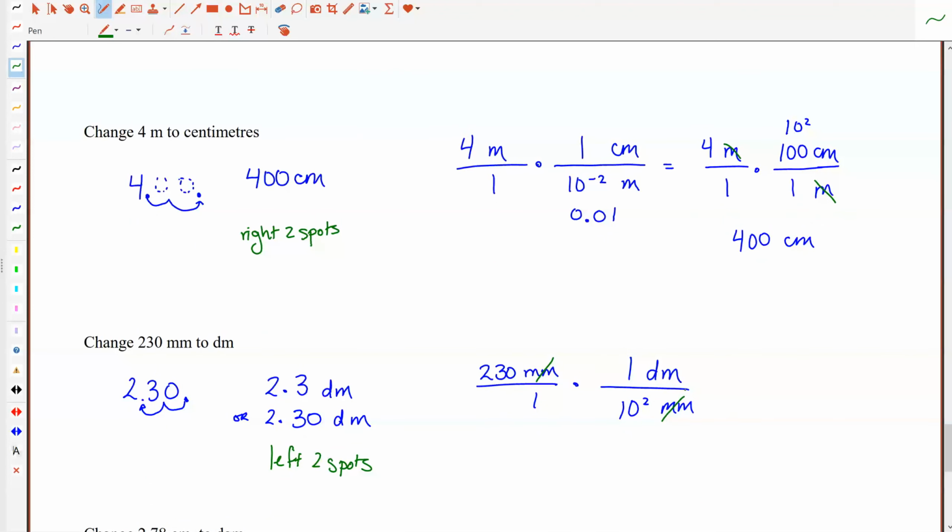And on this one, because this is in the denominator, I'm going to be dividing by 100. And when you divide by a power of 10, you're going to move the decimal point left, however many zeros there are. So we're going to move left 2. Notice right here, when this 10 squared was in the numerator, we're going to be multiplying by a power of 10.